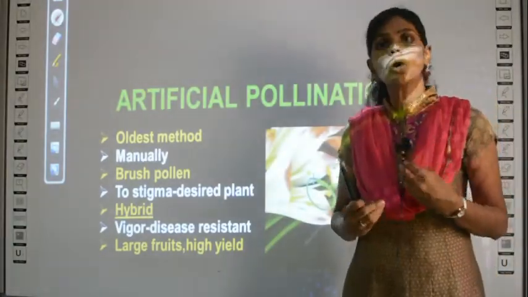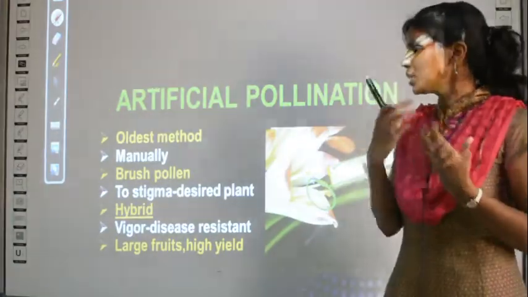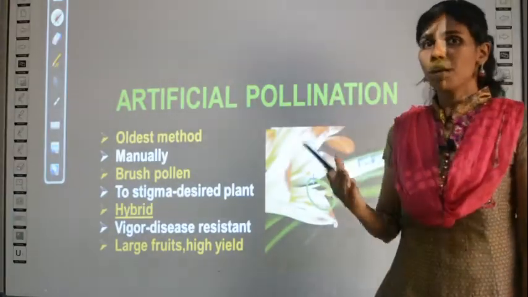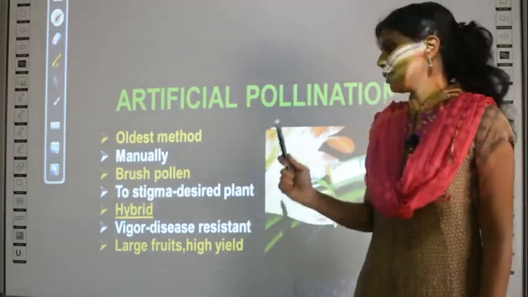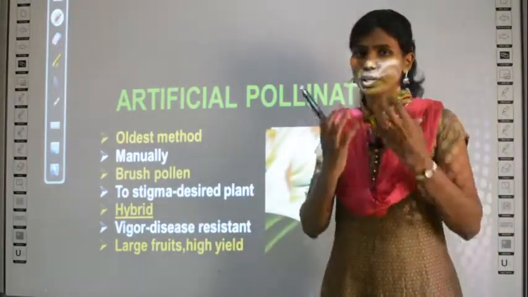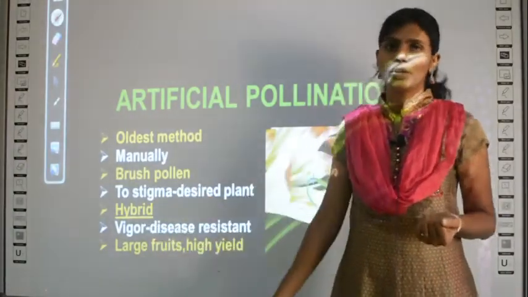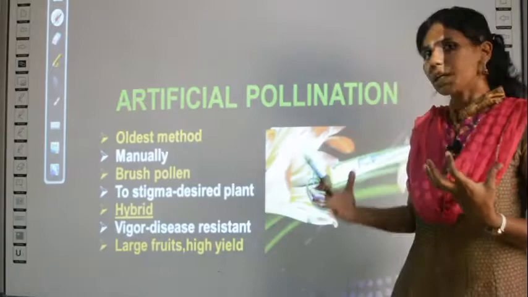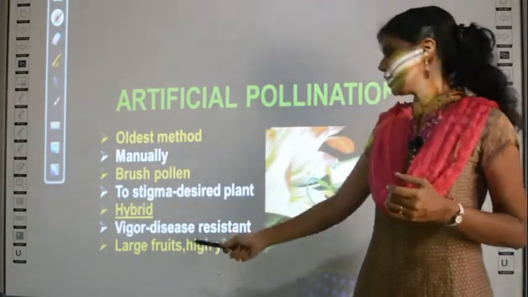By this method also, of course, pollination occurs. Like the natural method, here also there is pollination, and the product of pollination is called a hybrid plant. If you get a new plant, that plant is called a hybrid. This hybrid is very useful to society because it has vigor.